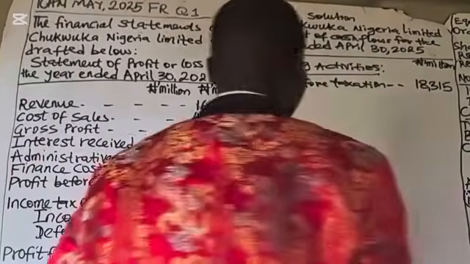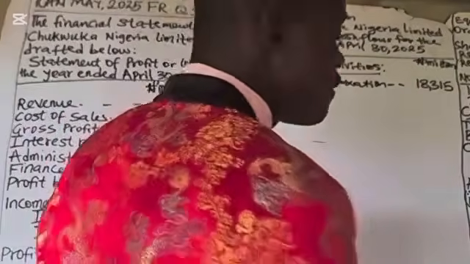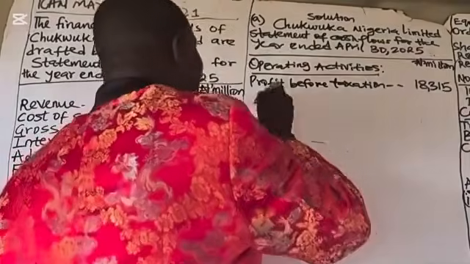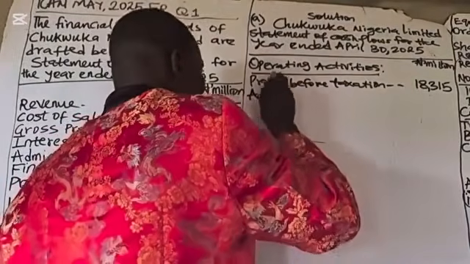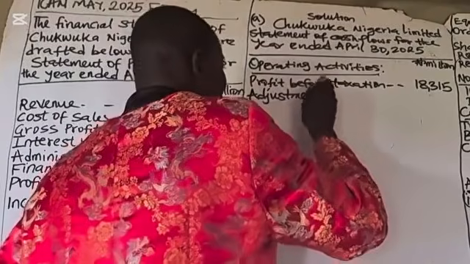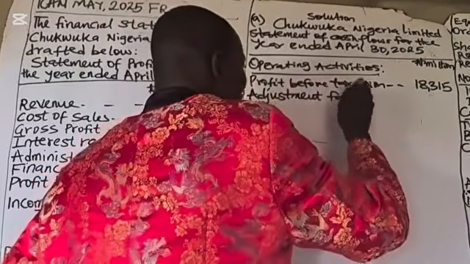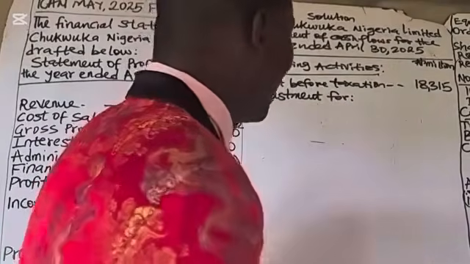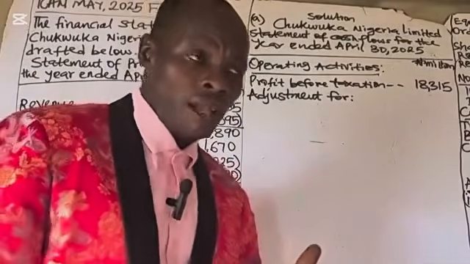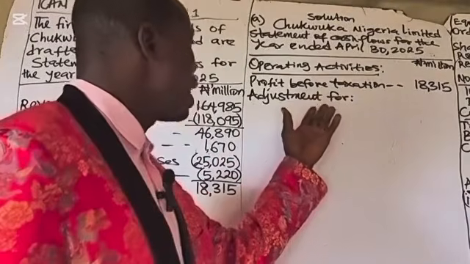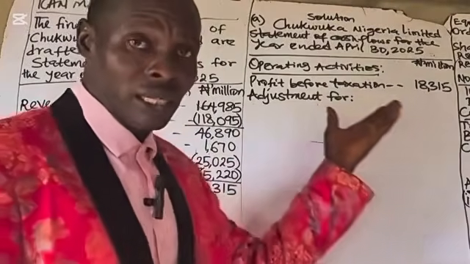After the profit before taxation, then you have the adjustments. Adjustment for. I have told you that there are 3 items that require adjustment under this section.